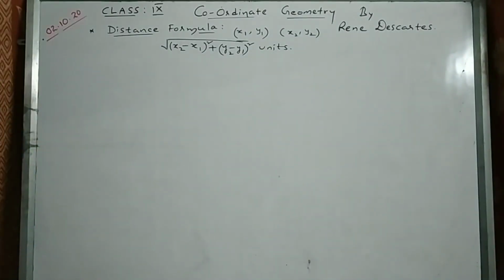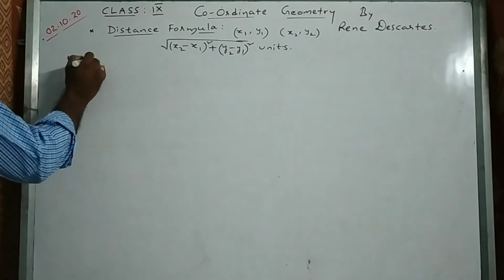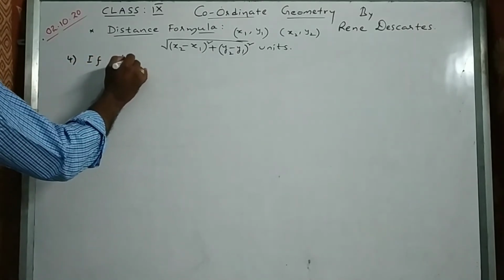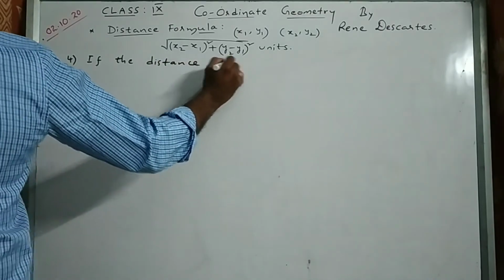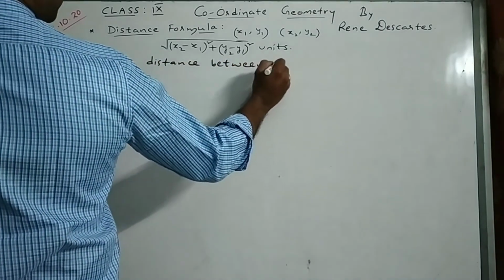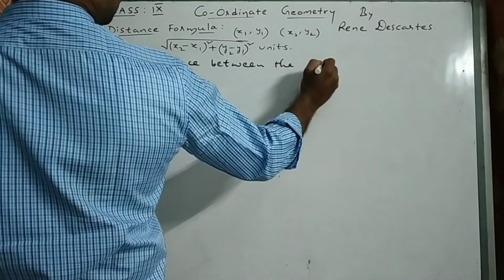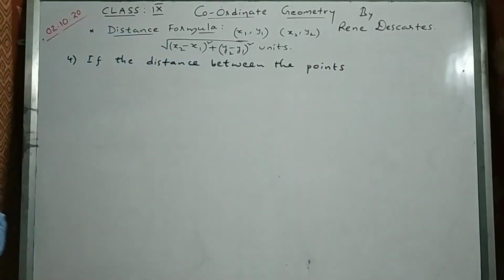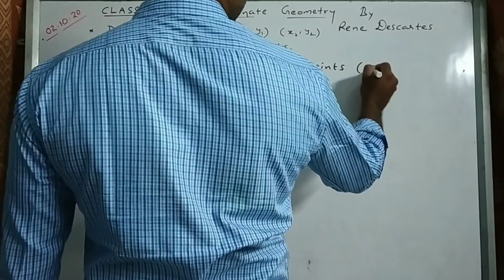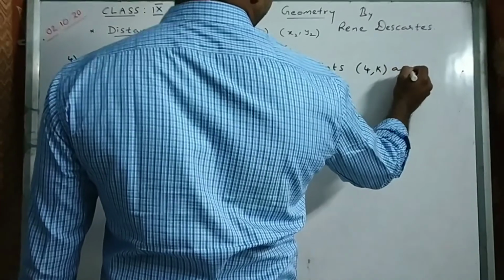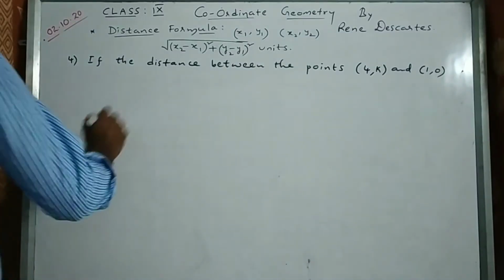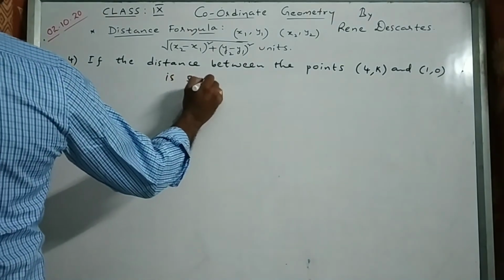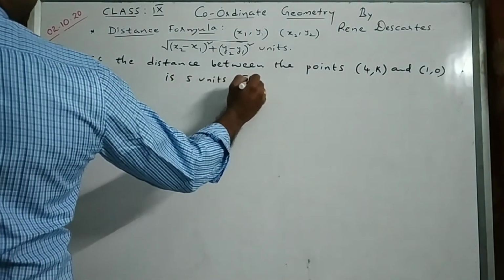Next question: if the distance between the points 4 comma k and 1 comma 0 is 5 units, find k.